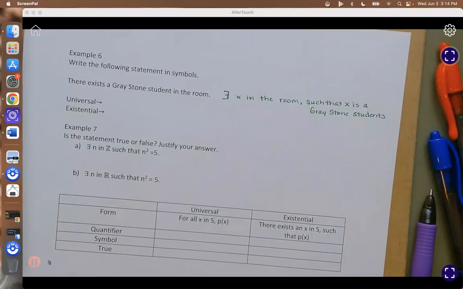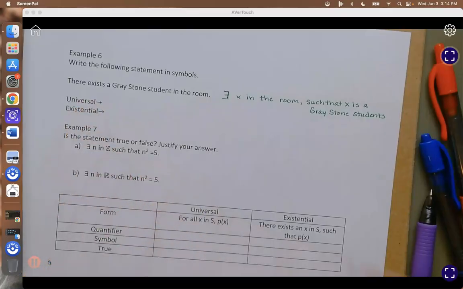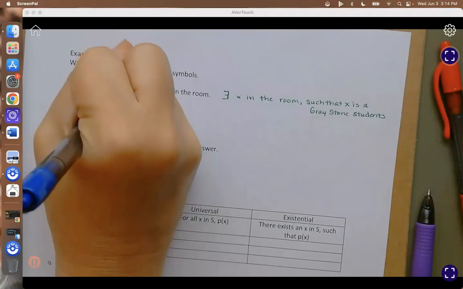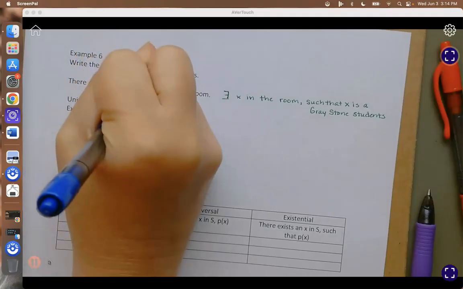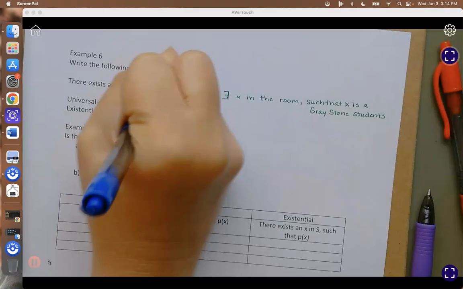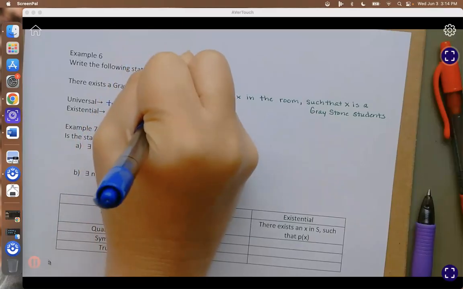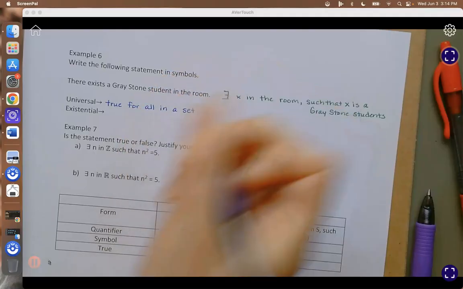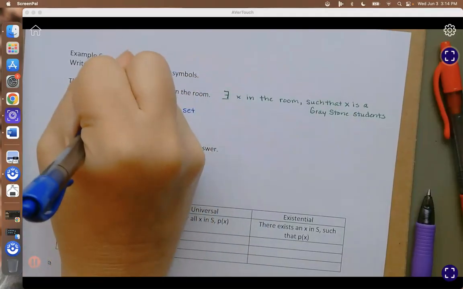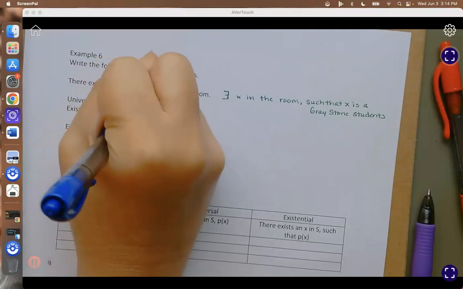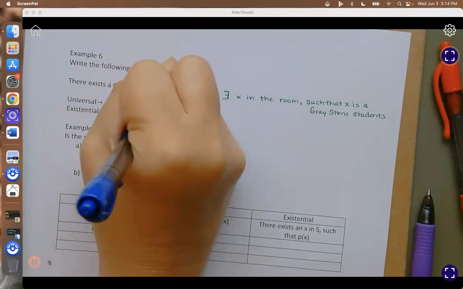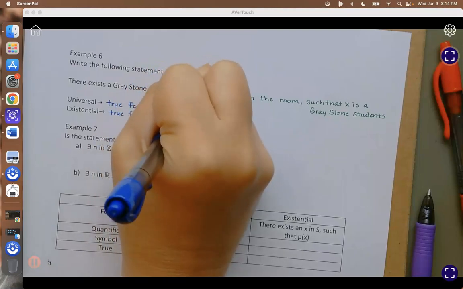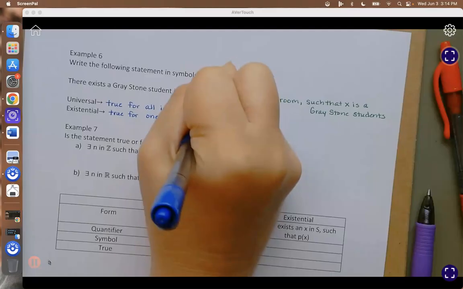Okay? Now, what's the difference between universal and existential? So universal is true for all in a set, and existential is true for one or more in a set.